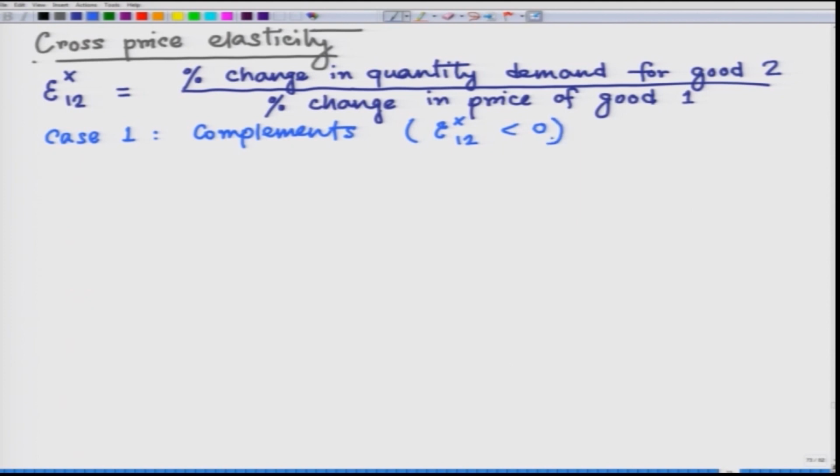What could be the example of complements? Think about petrol, diesel, this kind of fossil fuels and cars. These are complementary goods. So, if demand for cars increases in an economy, that will lead to an increase in the demand for fossil fuels, and that may raise the price of fossil fuels, petrol, diesel, etc. So, these commodities are complementary as they are consumed together.